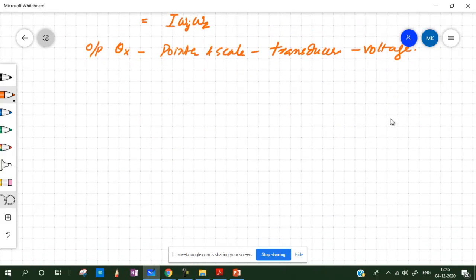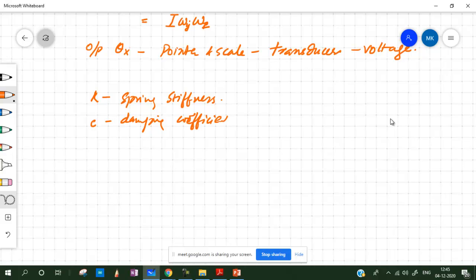Now in designing the gyroscopes, let's say K is the spring stiffness, so we design these gyros in this form, and C is the damping coefficient between the gyro frame and the case.